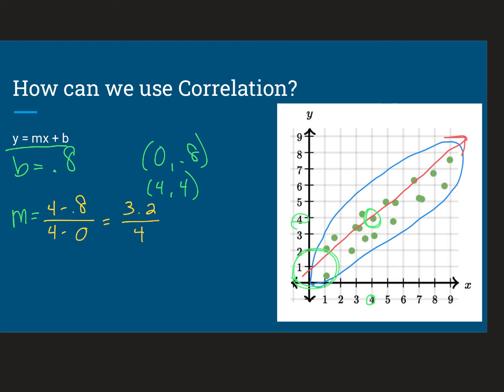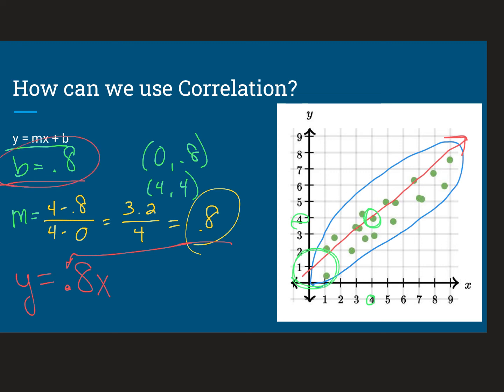So I have 3.2 over 4, which I can divide and get 0.8, which is funny. Okay, so now I just need to plug these in to get my equation. So I have y equals m, which is 0.8x. And then we are going to do plus 0.8, which is our b. So that is our equation for that line.